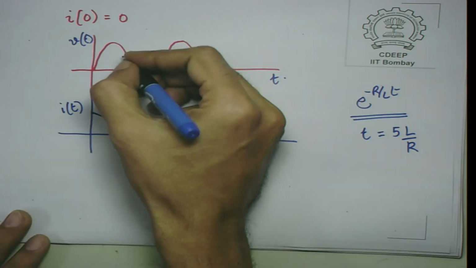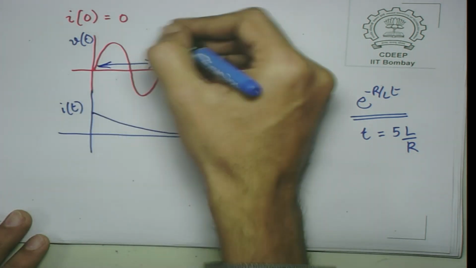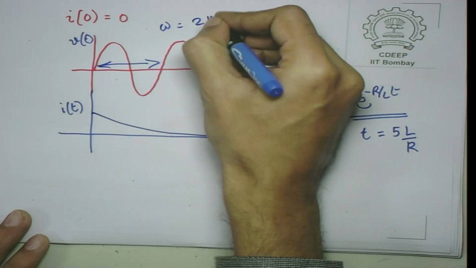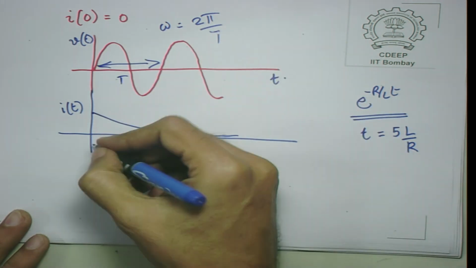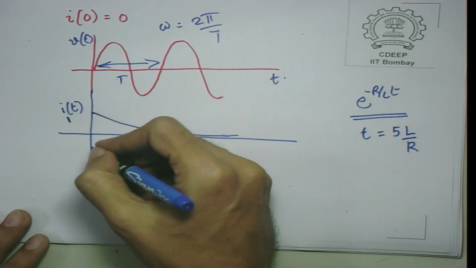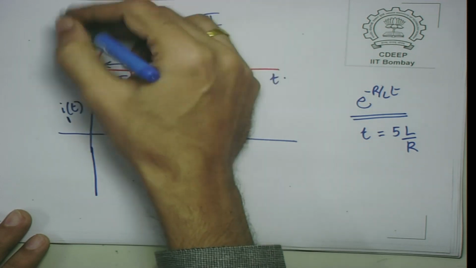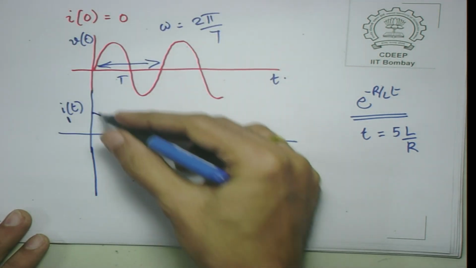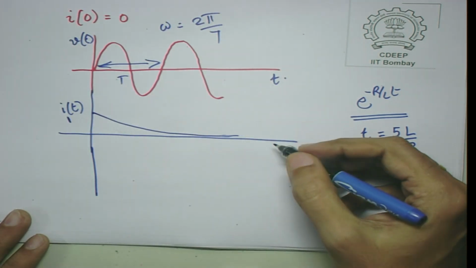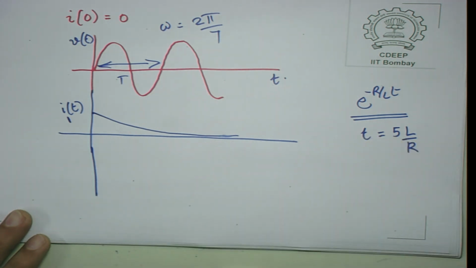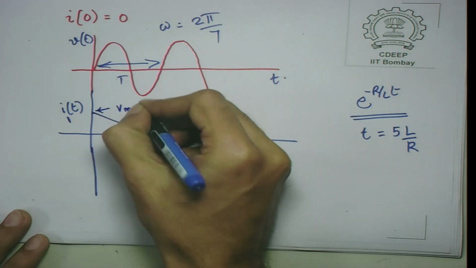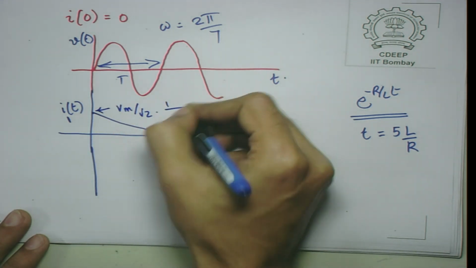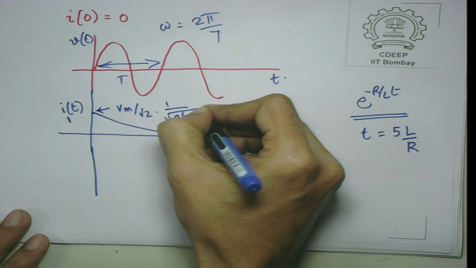The frequency of course omega is equal to 2 pi divided by T, where T is the period of this. This is the first component, if you assume I0 is equal to 0, the component of the natural response, assuming that phi is equal to 45 degrees, and this will be then equal to Vm by root 2 times 1 upon root of r square plus omega square L square.